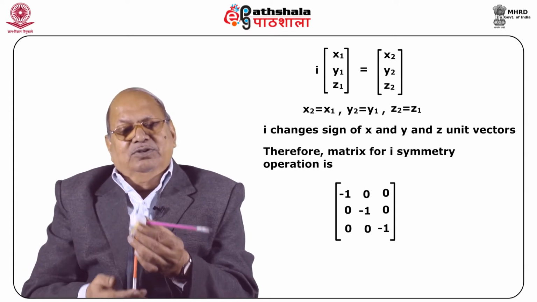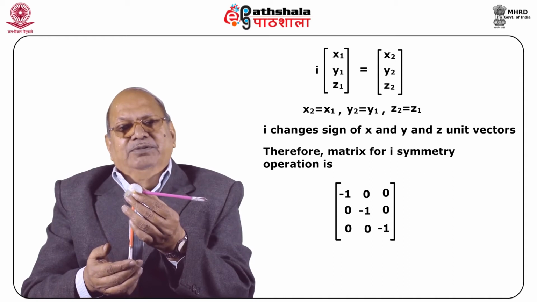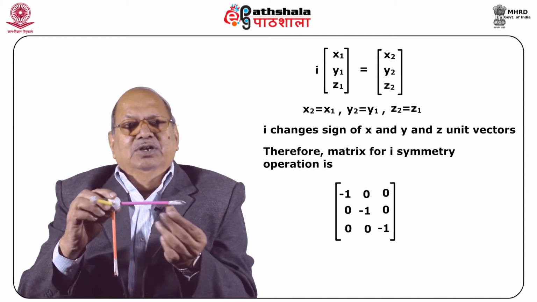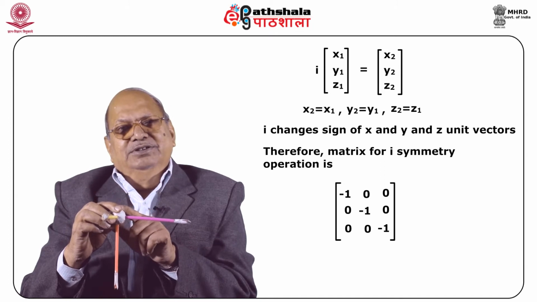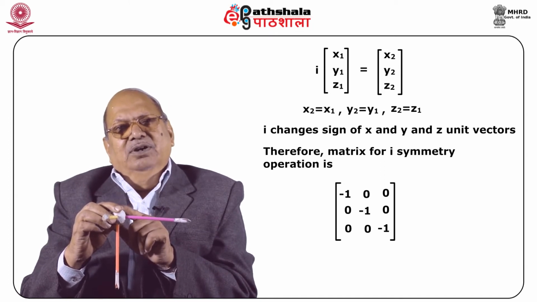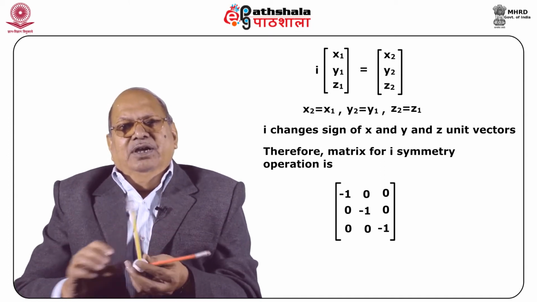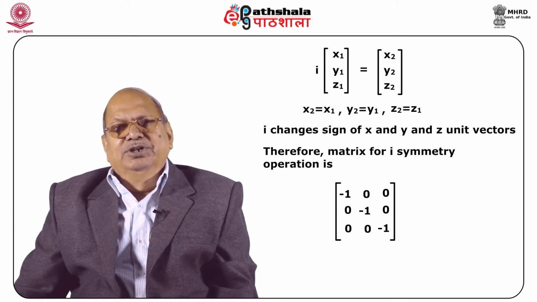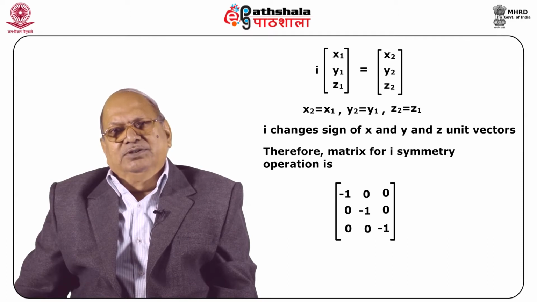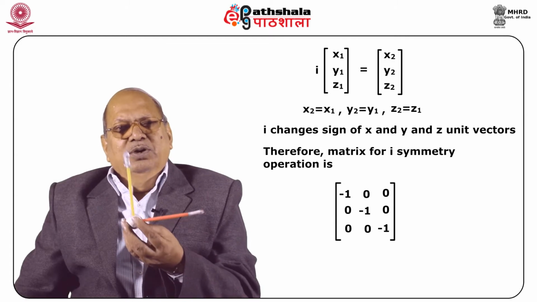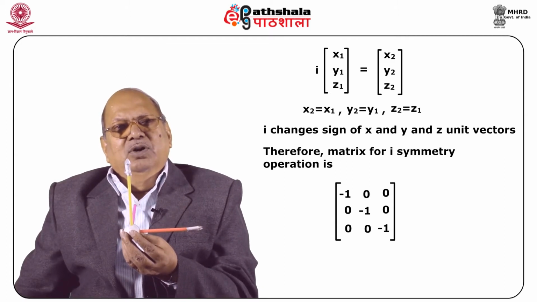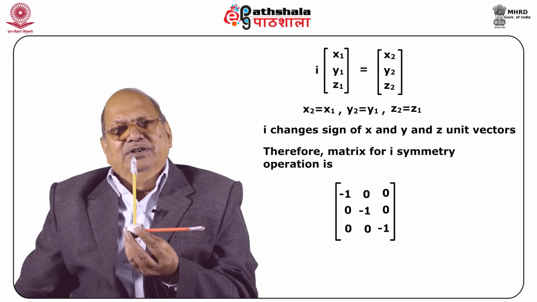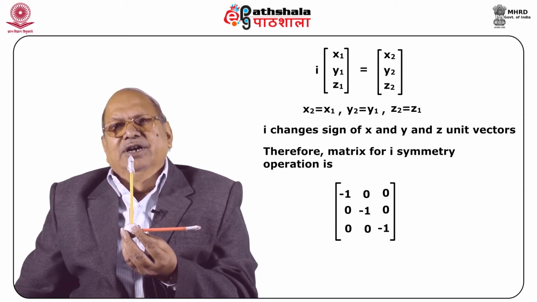The z axis has also gone to the negative side. This is the x axis, this is the y axis. All the vectors have gone to the negative side, and so the matrix corresponding to this is -1 0 0, 0 -1 0, 0 0 -1. So when I carry out operation I on these vectors, all the vectors change their sign and we get the given matrices.